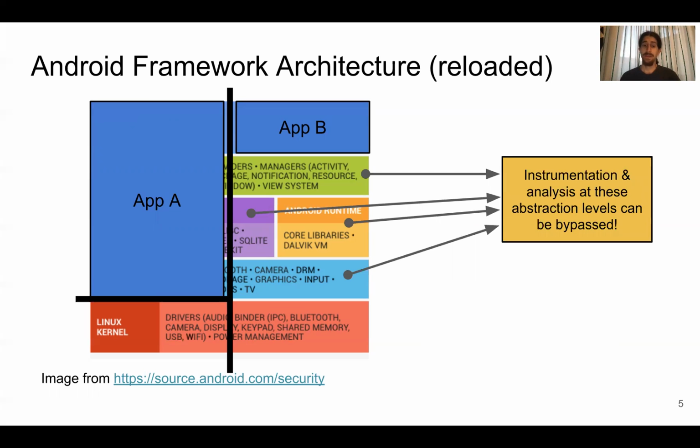Another point that I want to make with this slide is that there are many tools and approaches that try to do instrumentation. What is instrumentation? That's what we've seen last time, where you try to gather information about the runtime behavior of an application. For example, you want to log APIs. So for example, I want to know if this app is contacting a specific URL or is opening a file and so forth. There are ways to monitor APIs.